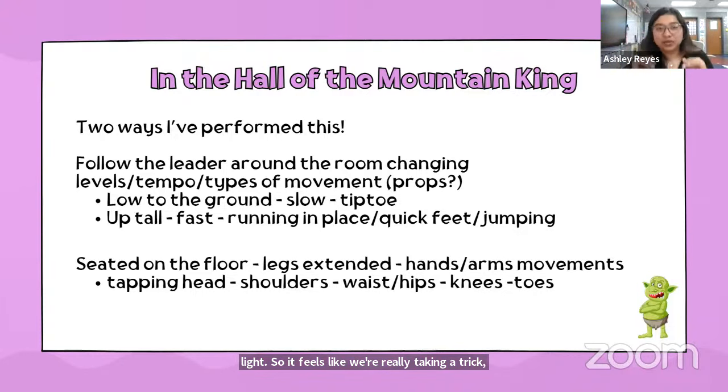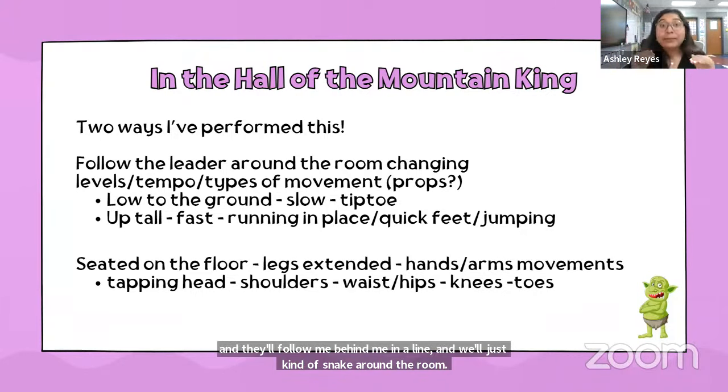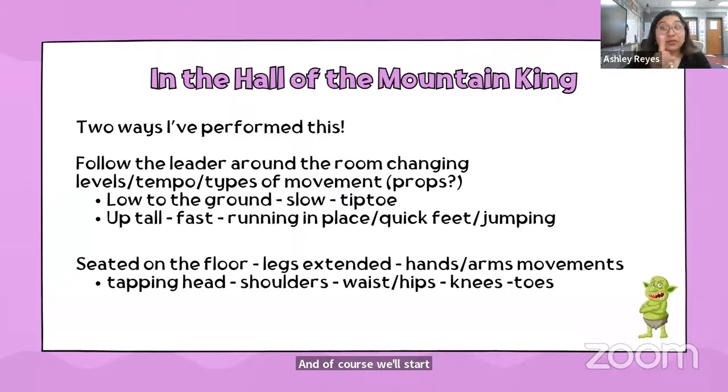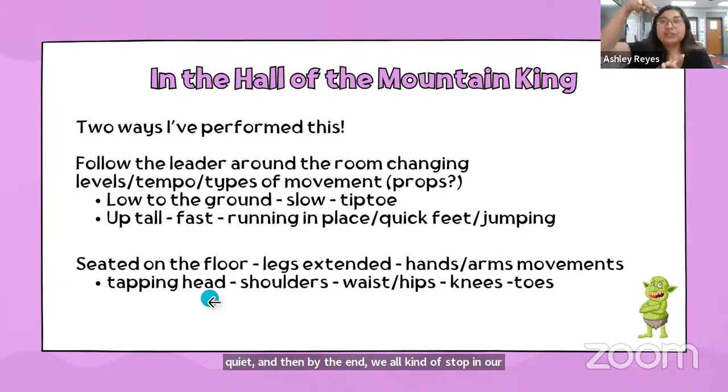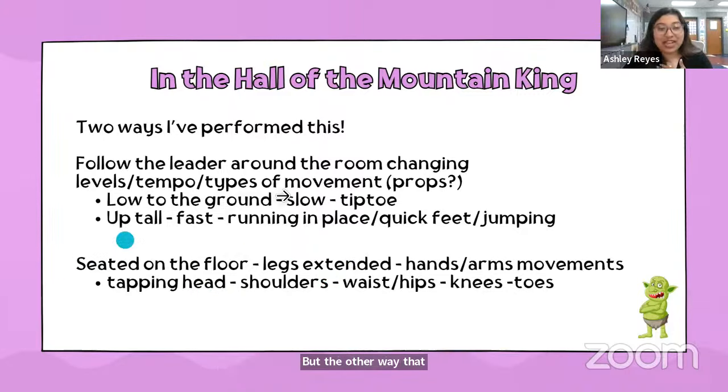Of course, we'll start slow with a bum, bum, bum, and I'll stop every once in a while to make sure they're being quiet. And then by the end, we all kind of stop in our spot and we're just doing quick feet wherever we are, and jumping through those doorways.